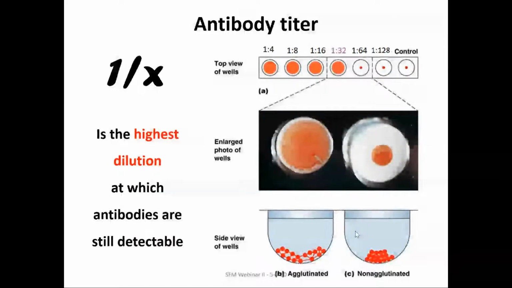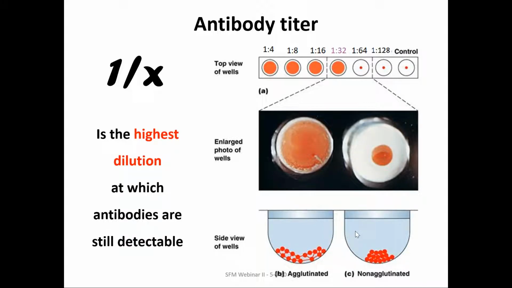For example, if I say that a lady's ICT titer is 1 in 32, what it means is that if I dilute her serum sample 32 times, the antibodies are still seen, or there's still coagulation. But the moment I make the dilution 1 in 64, the antibodies disappear.